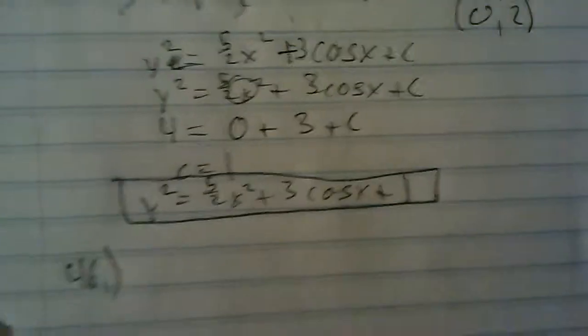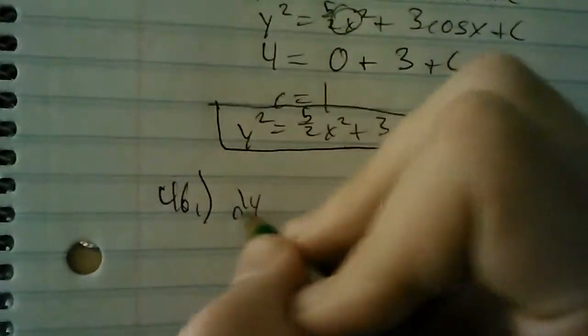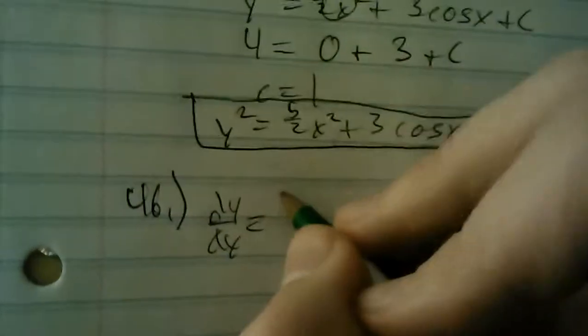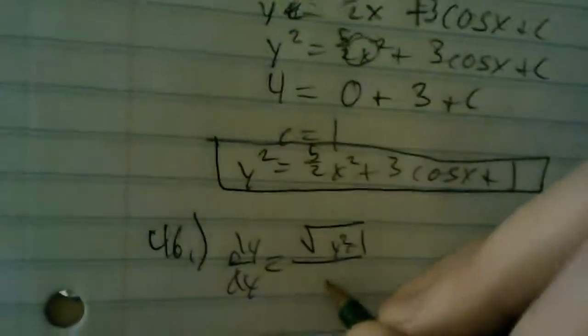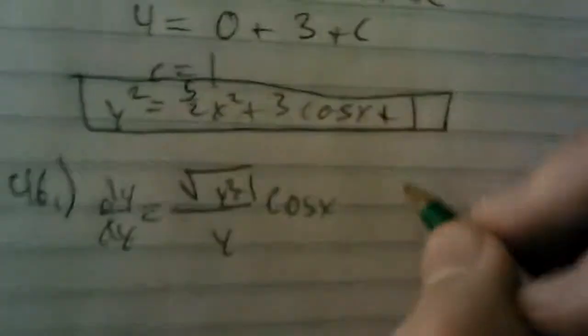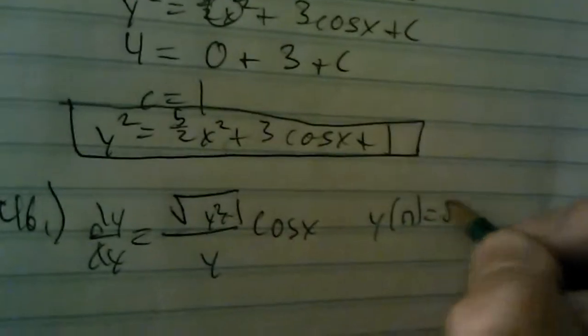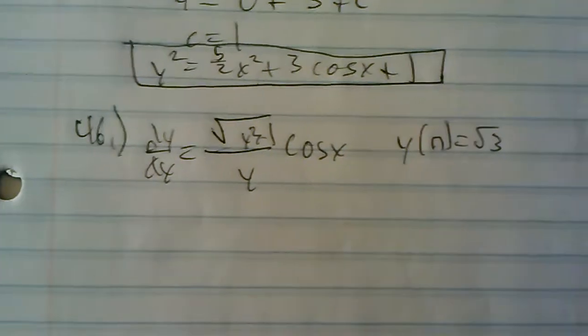So 46, this is a little more difficult of an example. So we have dy over dx equals root of y squared plus 1 over y cosine of x, and it gives you that y of pi equals root 3. And I did do this one beforehand, so it shouldn't pose any problems.